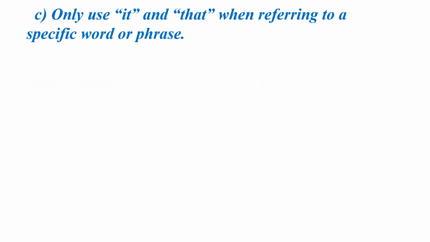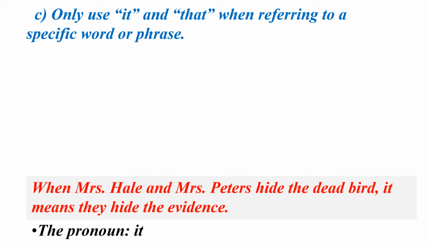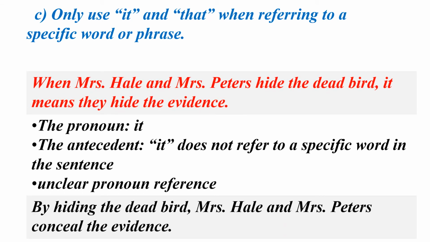Number C. You have to use it and that when referring to a specific word or phrase. Here's an example. When Mrs. Hale and Mrs. Peters hide the dead bird, it means they hide the evidence. Here the pronoun is it, and it doesn't refer to a specific word in the sentence. So it's an unclear pronoun reference.